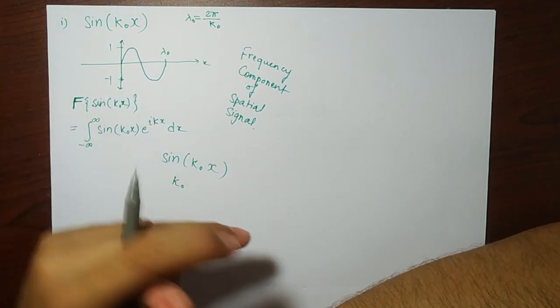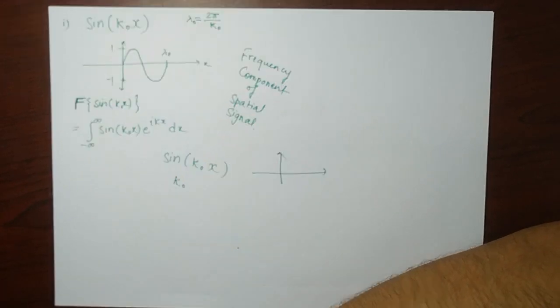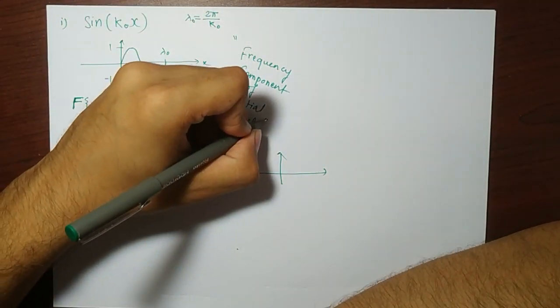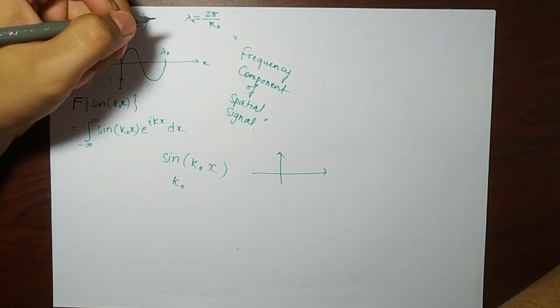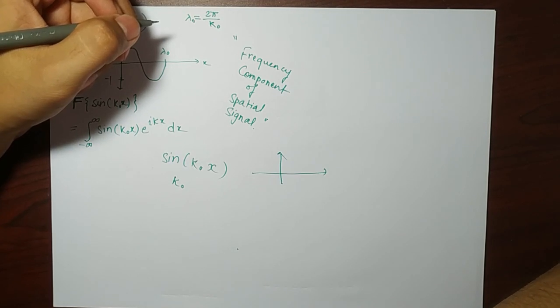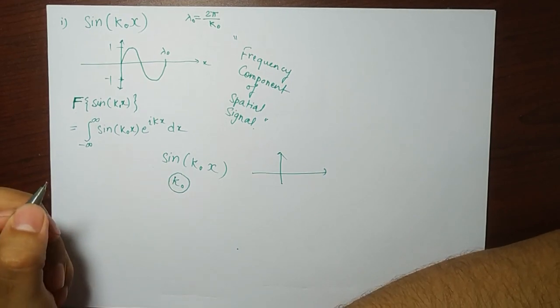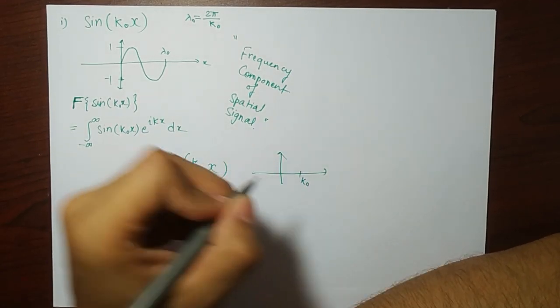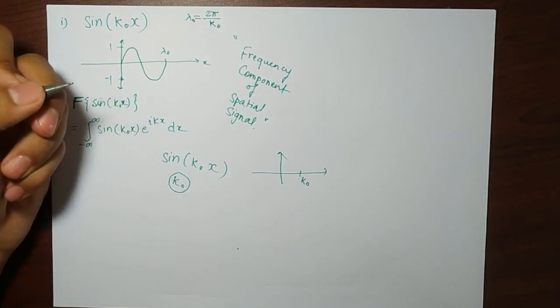So what do you think would be its Fourier transform? Going by the definition of Fourier transform, which tells me the angular frequency component of the spatial signal, I only have one particular angular frequency in this signal. So the frequency spectrum should also have one particular frequency and the rest of them should be zero.